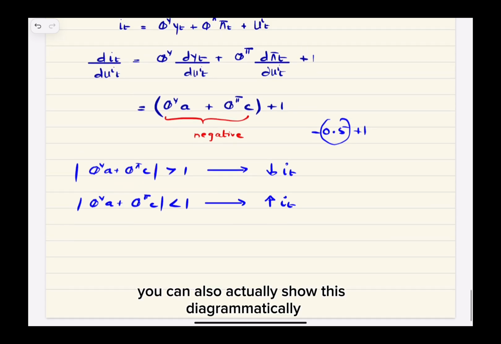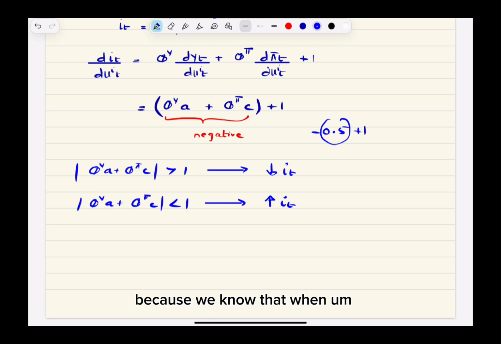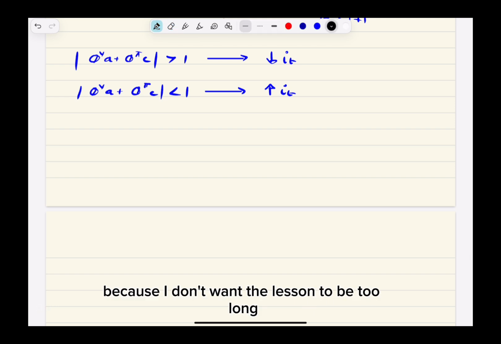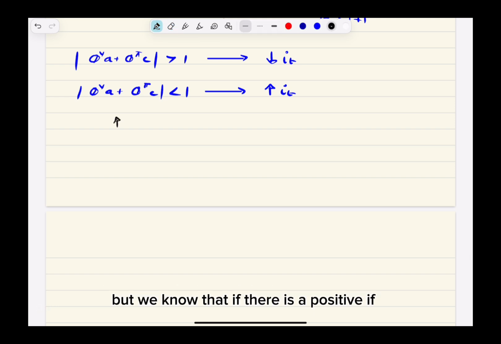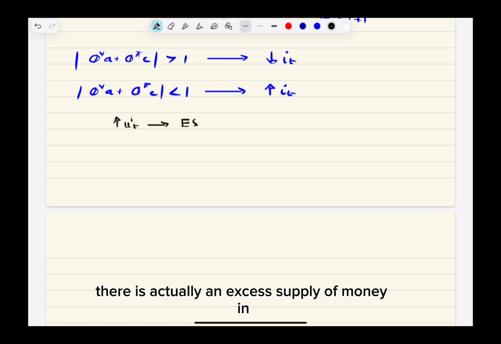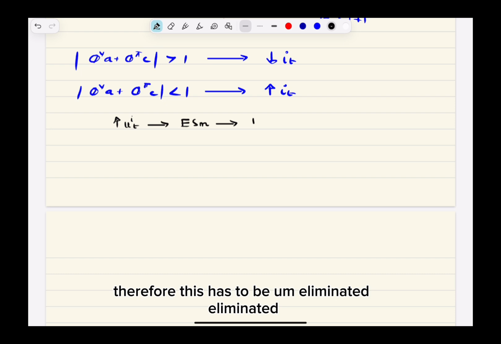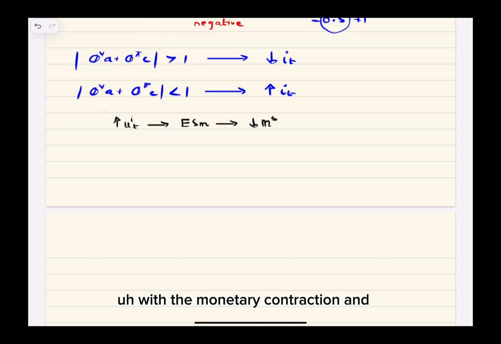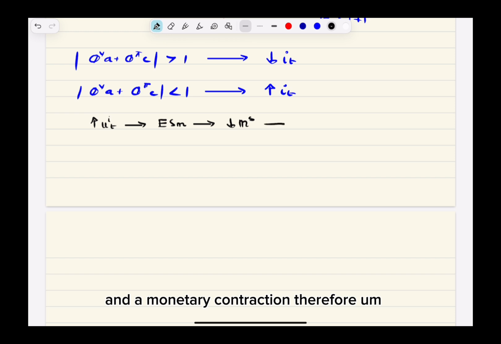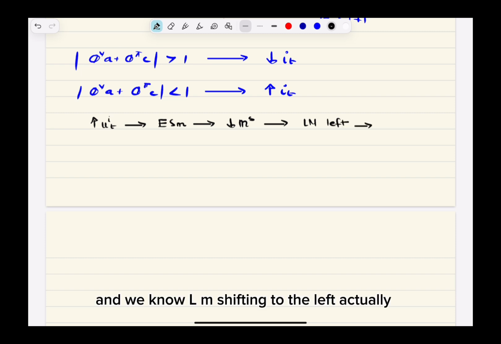Anyhow, you can also show this diagrammatically. I won't make a diagram right now because I don't want the lesson to be too long, but we know that if the interest rate increases, there is actually an excess supply of money in the money market, and therefore this has to be eliminated with a monetary contraction, and a monetary contraction therefore shifts the LM to the left, and we know LM shifting to the left would increase the interest rate, right?